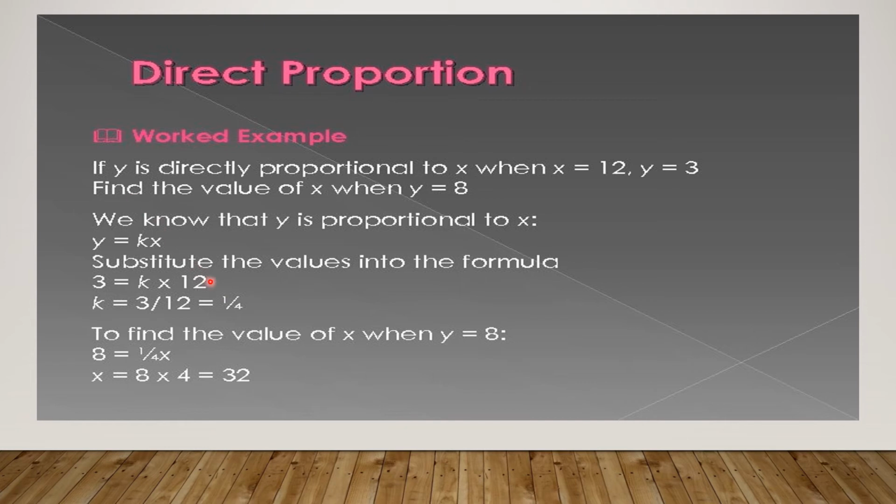After finding the value of k, you are going to find the value of x when y is equals to 8. Substitute the value again in this formula and you will get the value of x. Do it on your extra sheet, you will solve this on the blue sheet.